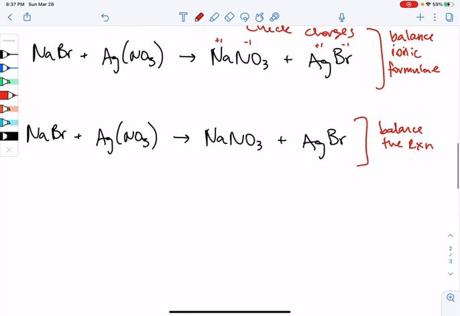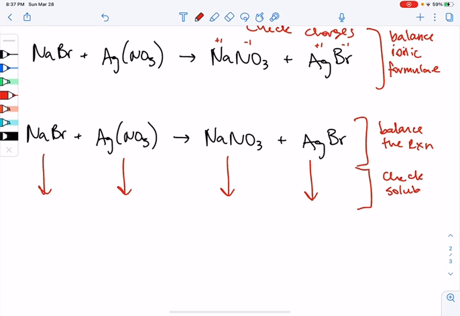So once we've balanced the whole reaction, the next thing we have to do is check the solubilities. Right? This is check solubility. So you're going to use your solubility rules. If it's soluble, it'll do what? It'll dissociate. Sodium bromide is soluble. Silver nitrate is soluble. Sodium nitrate soluble. Silver bromide insoluble. Does not dissociate.